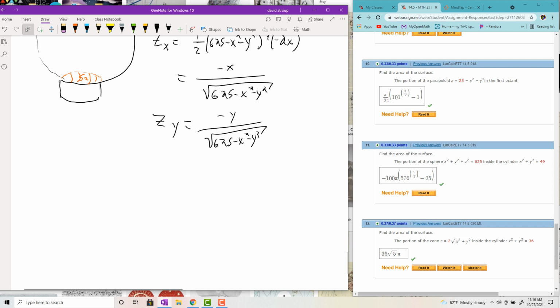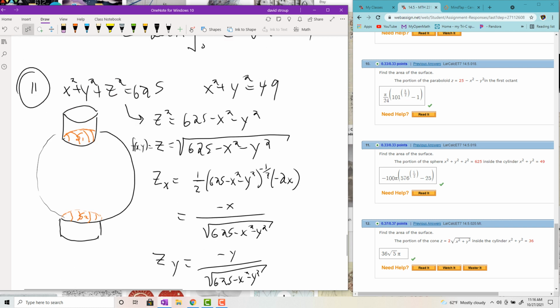Then I'm going to put it in my integral. And also I have to think of what I am integrating over, right? Here is my xyz picture, and inside here the problem is telling me to integrate over this circle, x squared plus y squared equals 49.